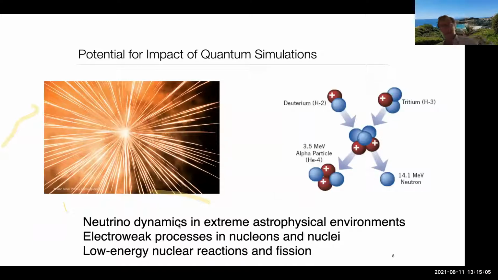And somewhere in between these, here we have dynamical systems. So we have small systems, for instance, neutrino nucleus inelastic processes, low energy nuclear reactions, neutrino dynamics in, say, supernova explosions. These are problems that are important, again, in the standard model.